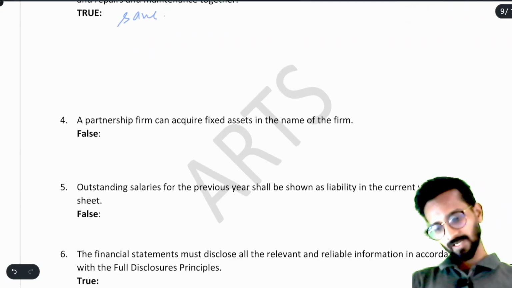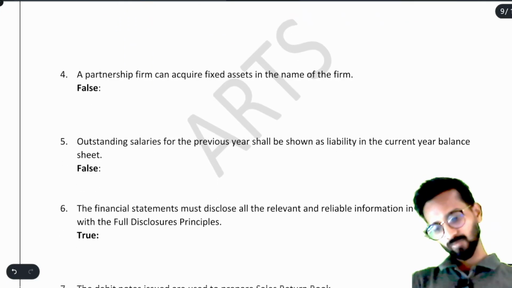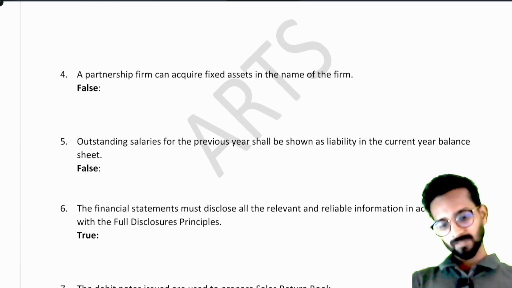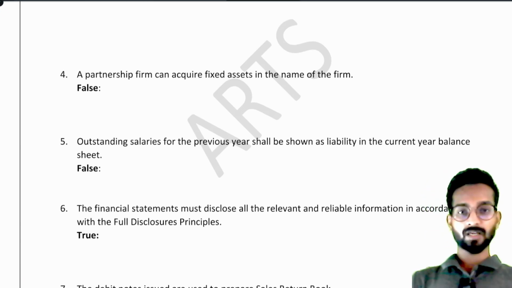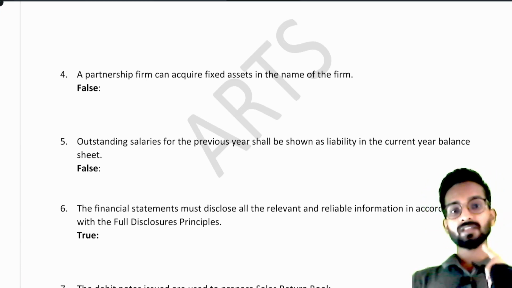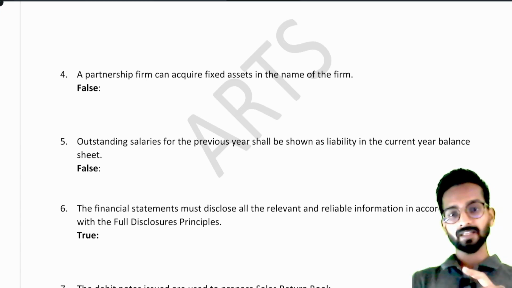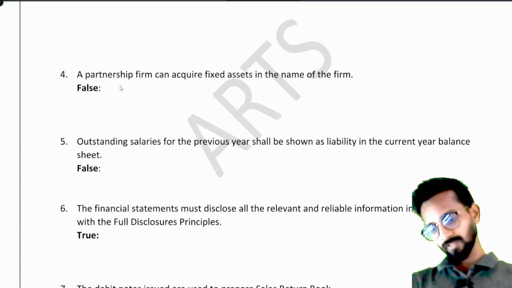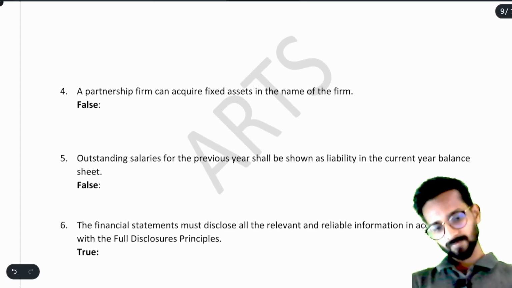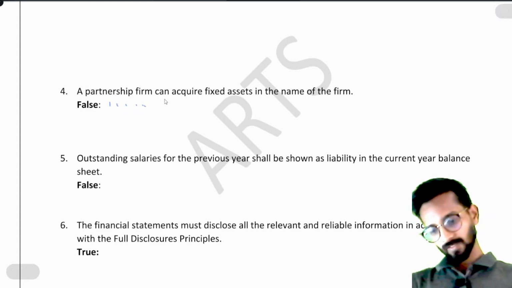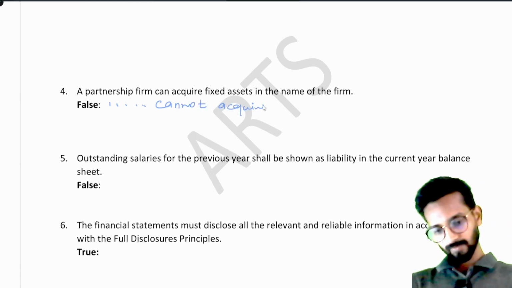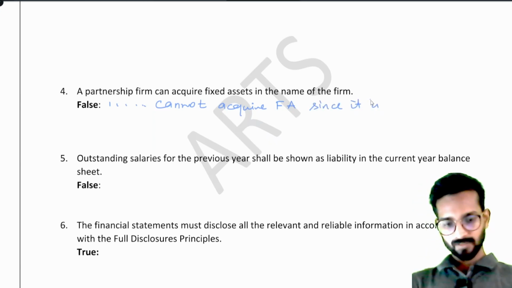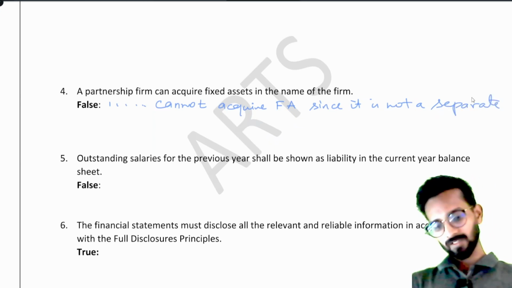A partnership firm can acquire fixed assets in the name of the firm. See, a partnership firm cannot buy fixed assets in its own name, a company can, because a company is an artificial person, it has a separate legal entity. A partnership firm has no legal entity, so it is false. A partnership firm cannot acquire fixed assets since it is not a separate legal entity.